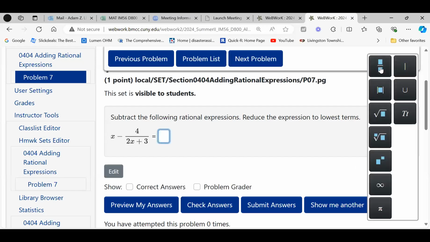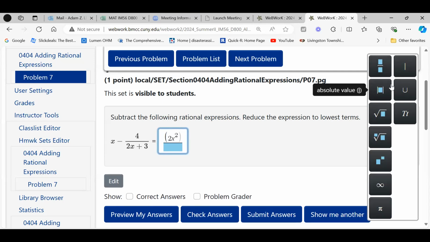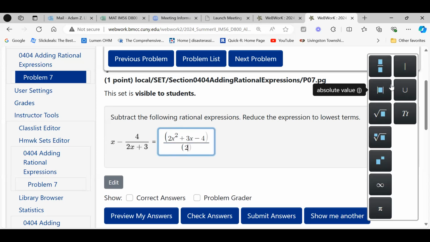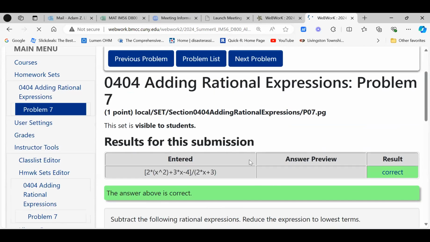So let's put in 2x squared plus 3x minus 4. Bottom is going to be 2x plus 3. That's all. Yep, it's good.